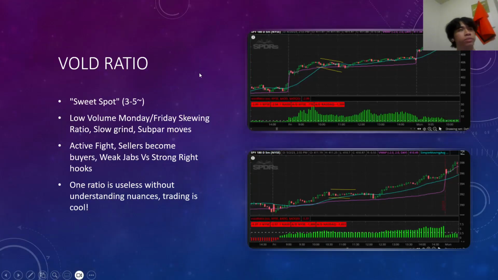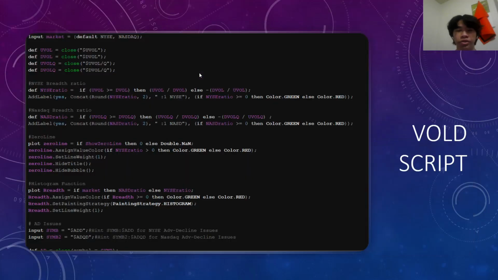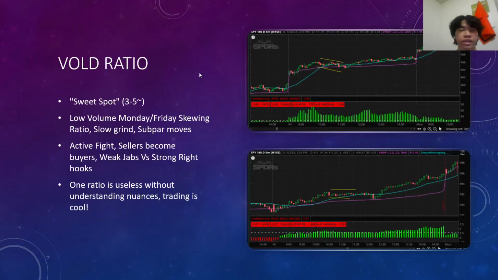So there are some nuances that you have to understand when you're using the VOLD ratio. So here's the script. Usually it's just up volume versus down volume as a ratio, and you would think that the more up volume there is, the better.